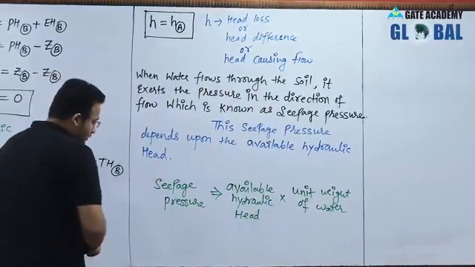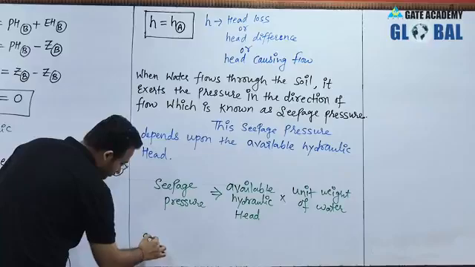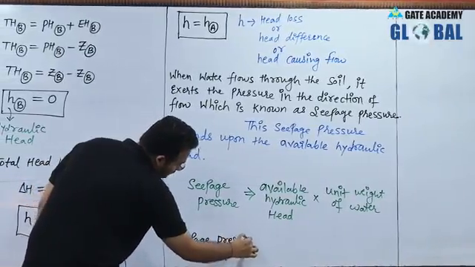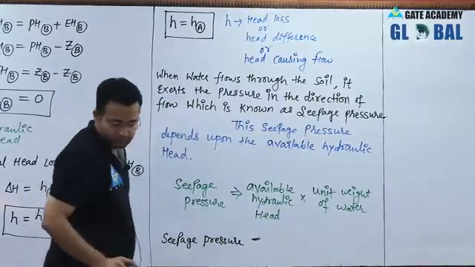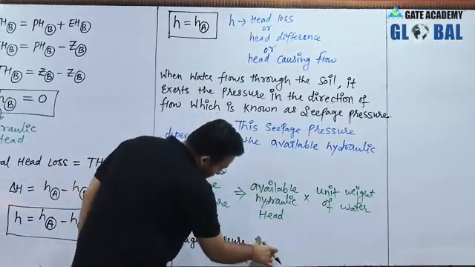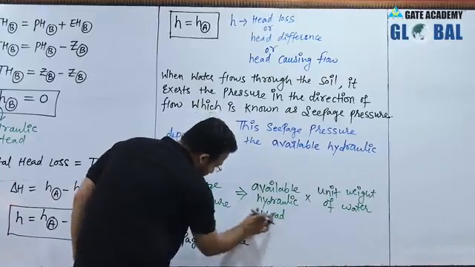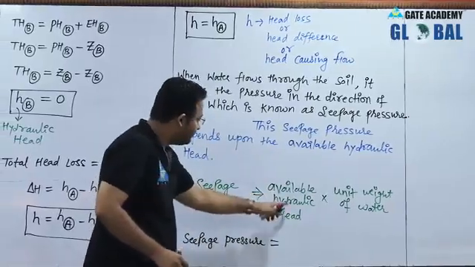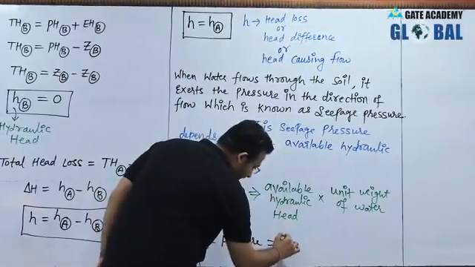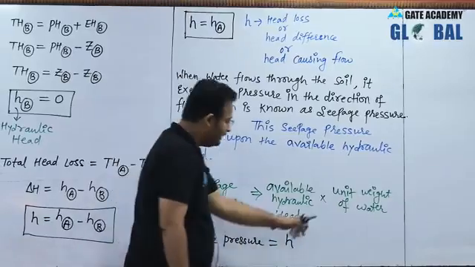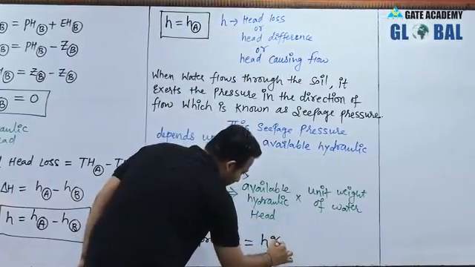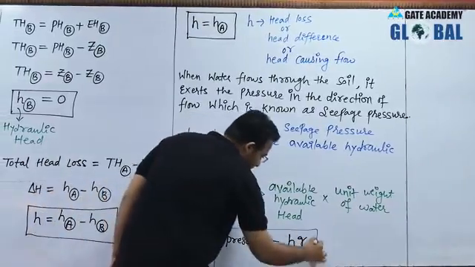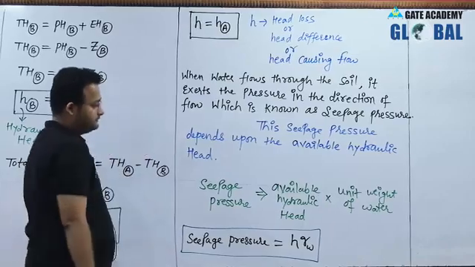Clear? So here I can write the final formula, seepage pressure is equal to available hydraulic head, suppose small h, into unit weight of water, gamma W. So this is the expression of your seepage pressure.